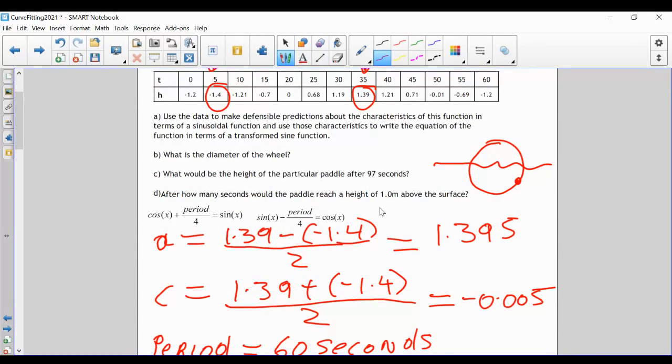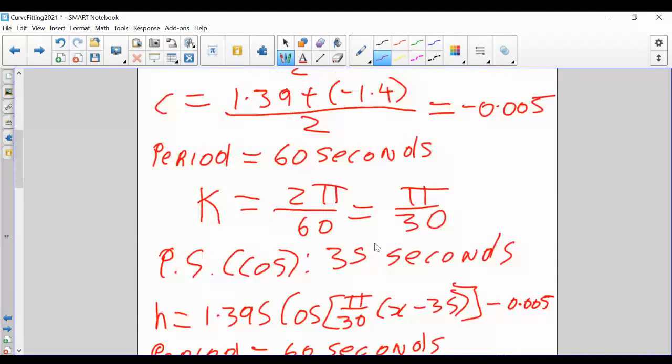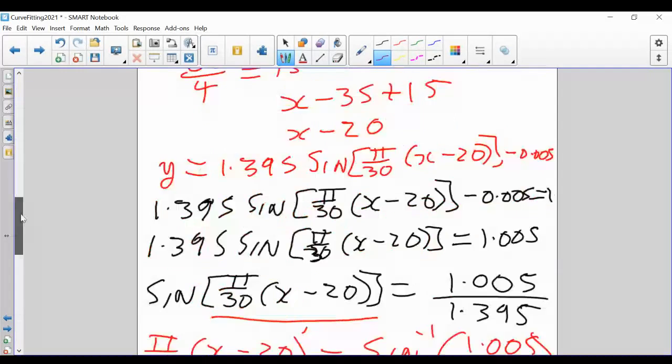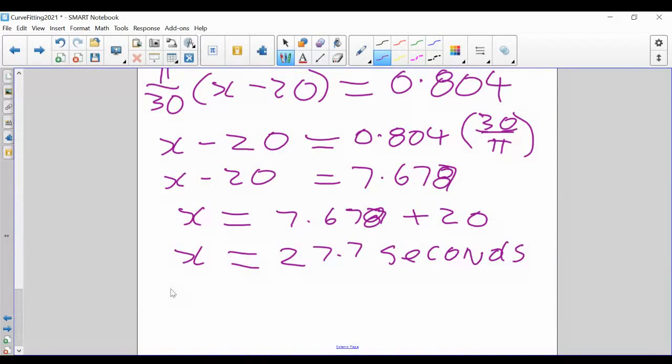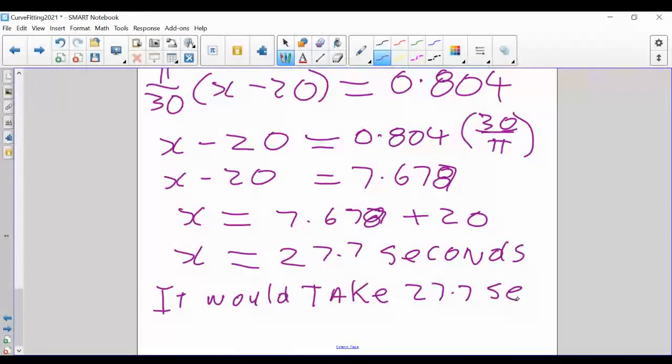After how many seconds would the paddle reach a height of? I'd expect a statement answer. So I'm going to put a statement answer there. It would take 27.7 seconds. Okay, I'll just put that as short for seconds.